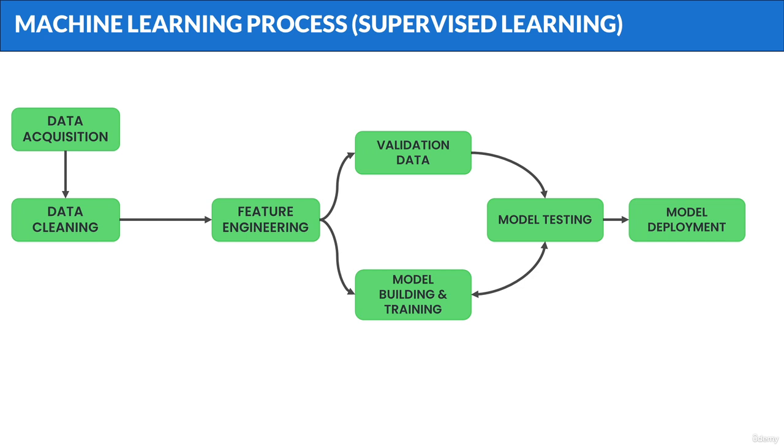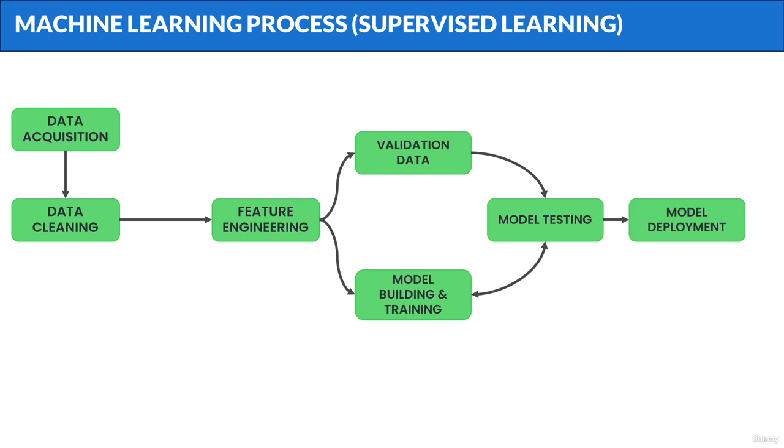The optimal ratio for this depends on several different factors, but a very typical and average ratio or split would be around 70% for your training or model building data and 30% for your test or validation data.